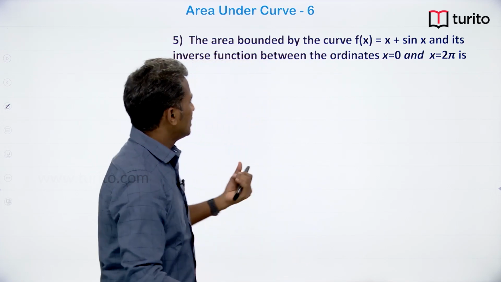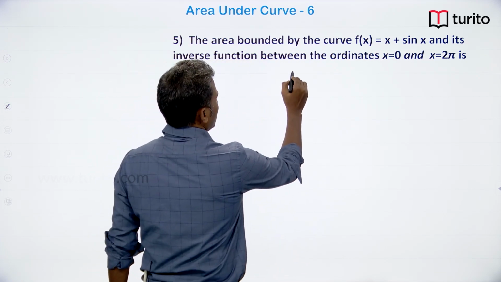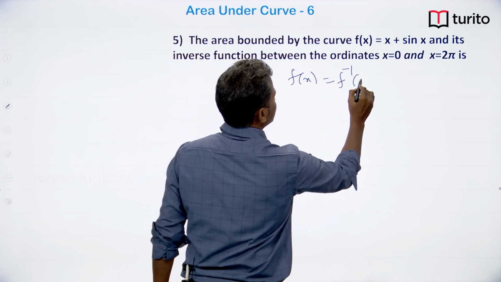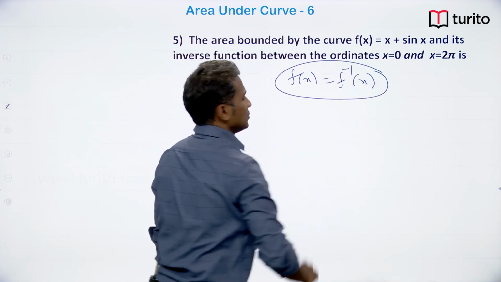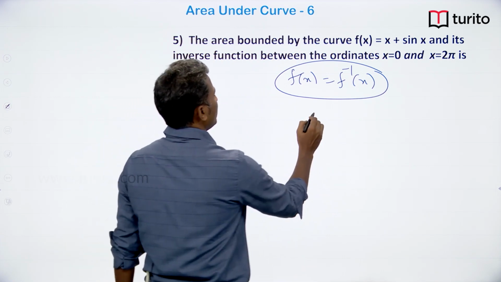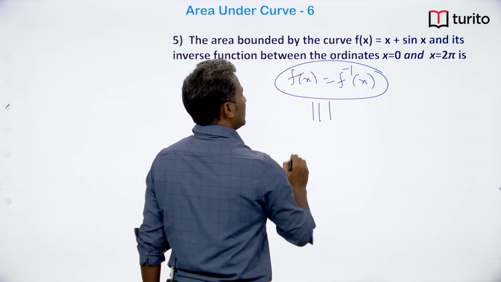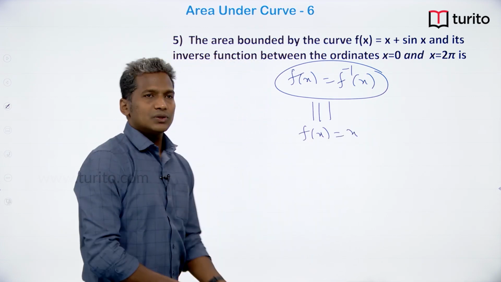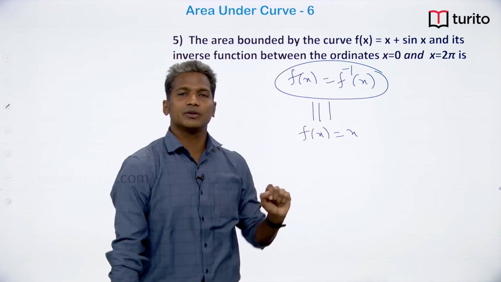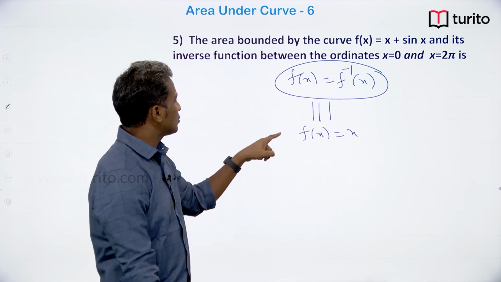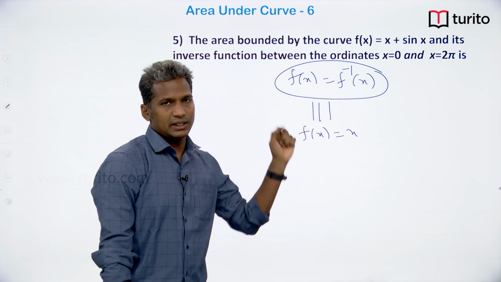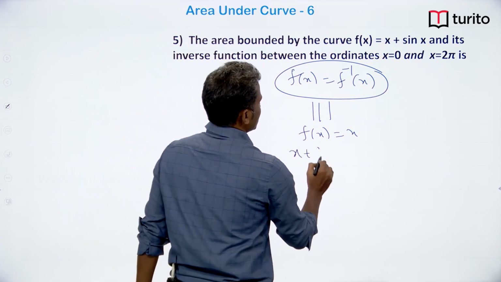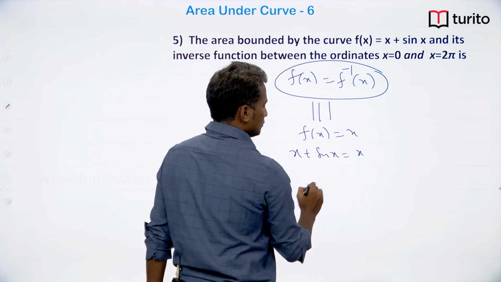So here we can say that if we solve f of x equal to f inverse of x, whatever the solutions are, this solving process is equivalent to solving f of x equal to x. So if I solve x plus sin x with x, what do I get?